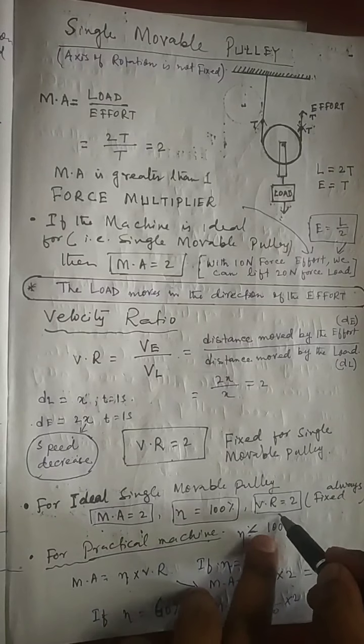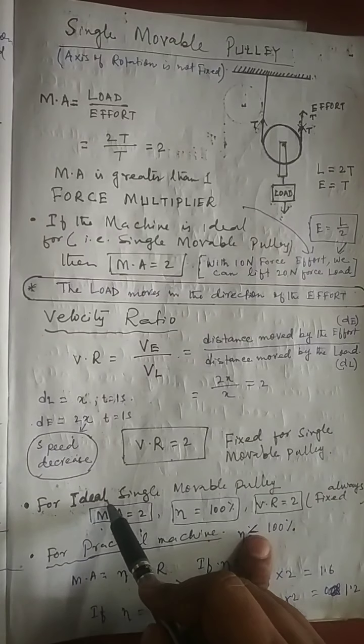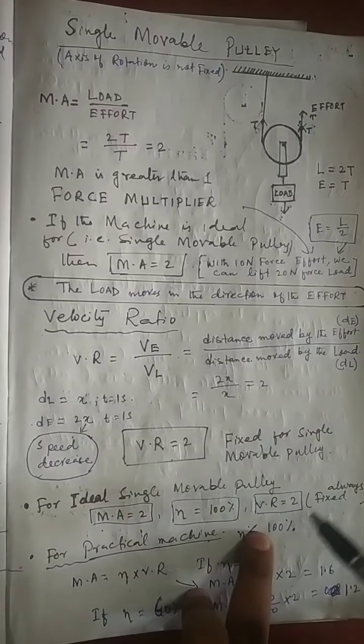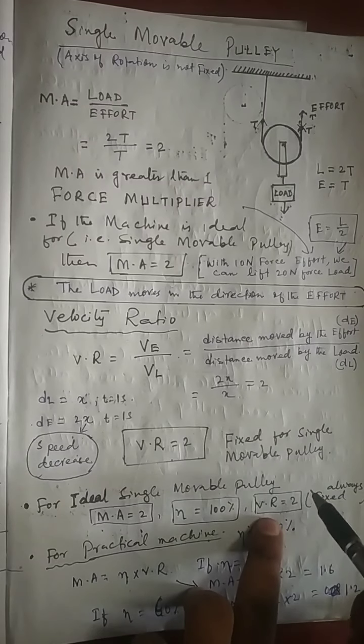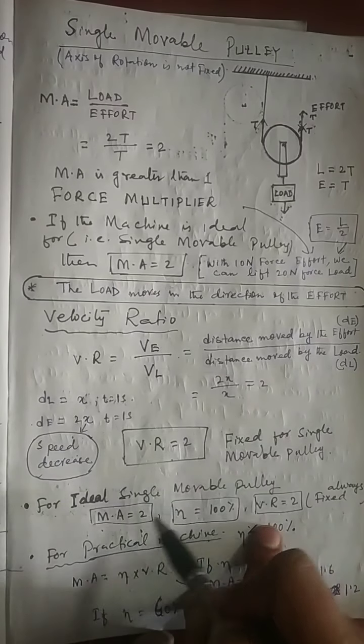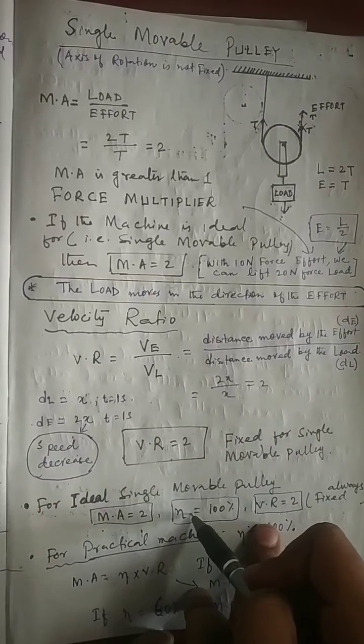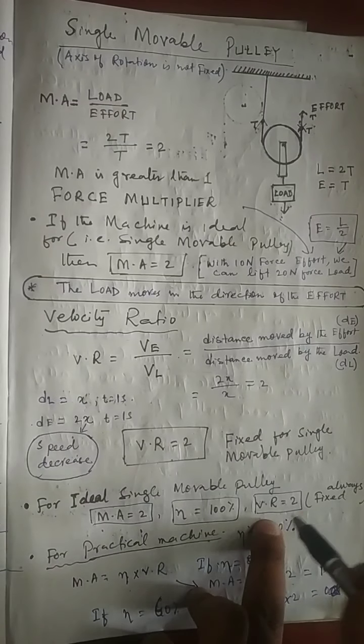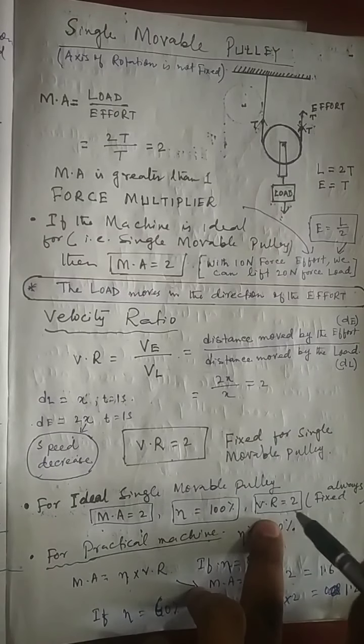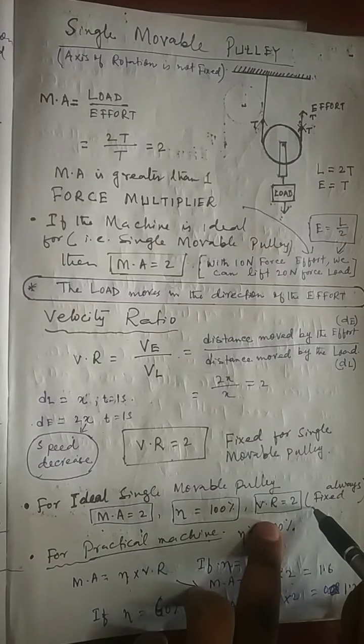For an ideal single movable pulley, the velocity ratio is fixed. The value of VR will not change.